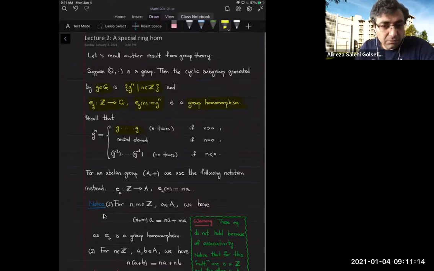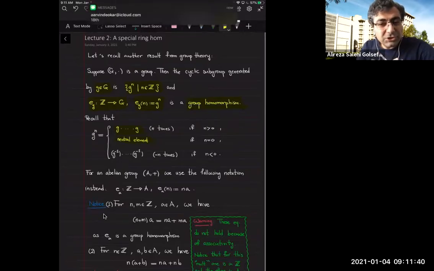If n is 0, I'm getting just the neutral element. So we often write it 1 for the multiplicative setting, but as I will discuss later, I want to write it in the additive format, and then we have to write down 0. But whatever the notation is for our neutral element, G to power 0 is supposed to be that one.